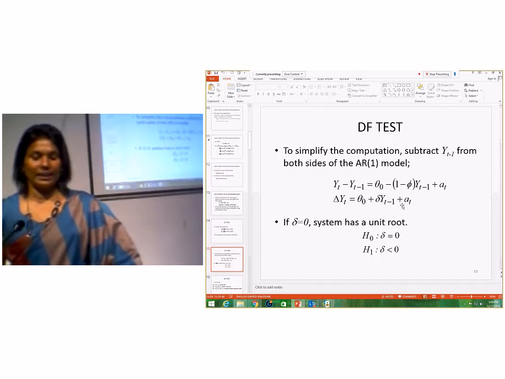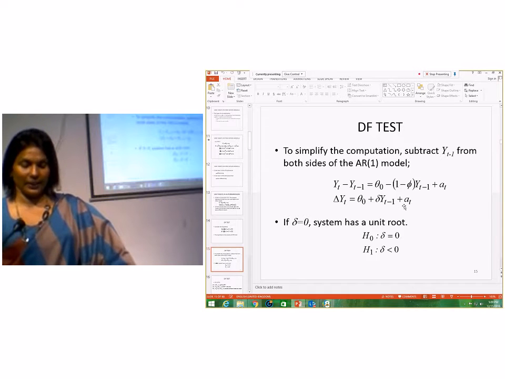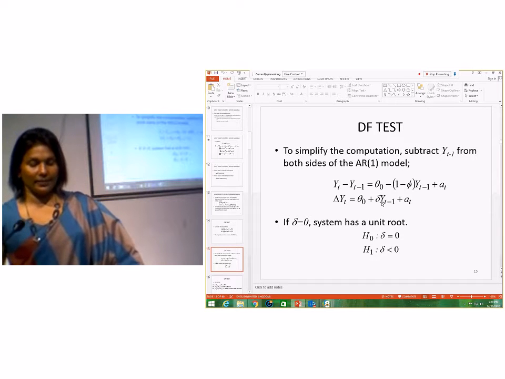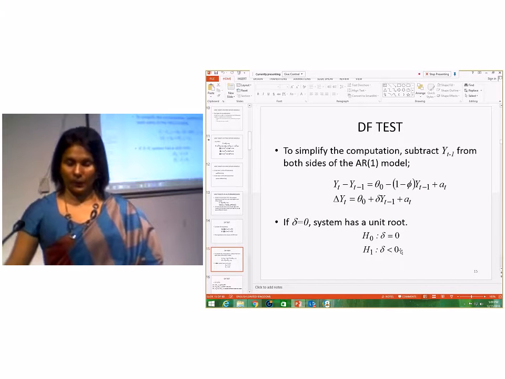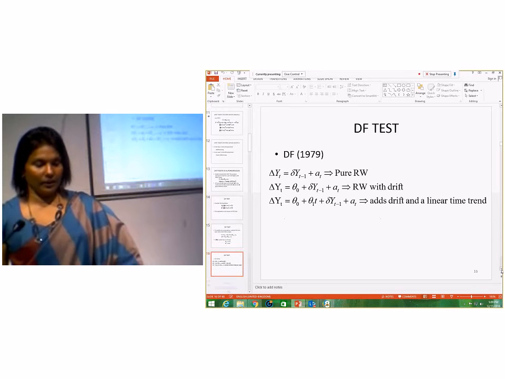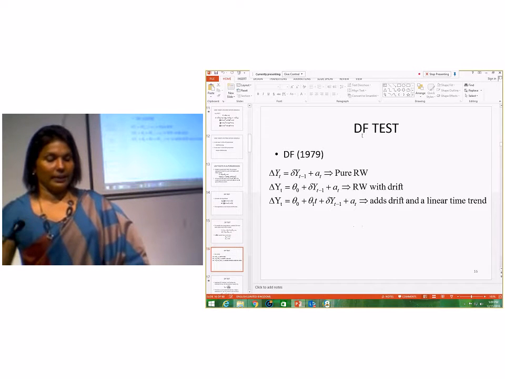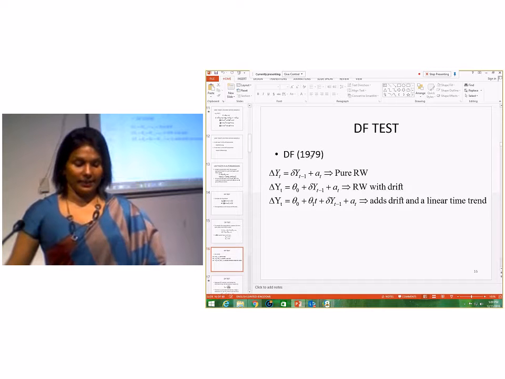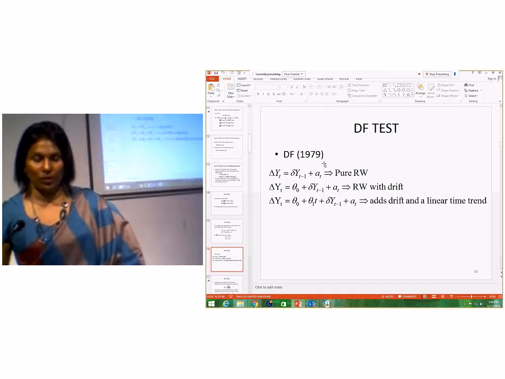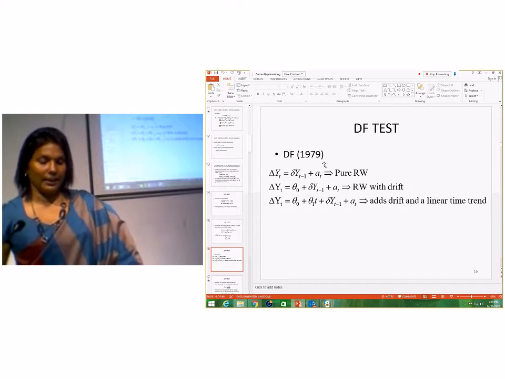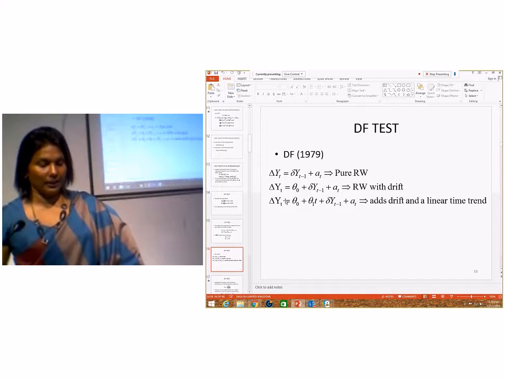Then delta yt equals at. We know that this value is less than 0. Right, the Dickey-Fuller test was introduced by Dickey and Fuller in 1979. So then it is a pure random walk.